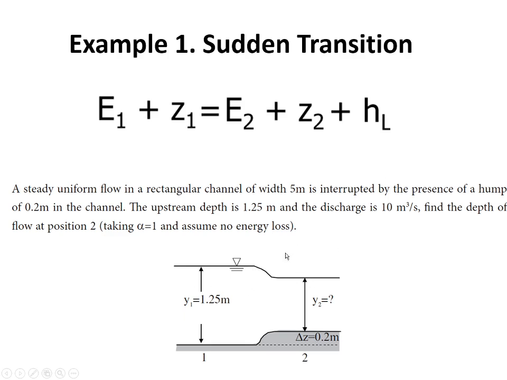So let's go to the solution, but before that, I would like to repeat that we must use the energy equation with HL, and we see that this is a horizontally built canal, therefore there is no Z1.